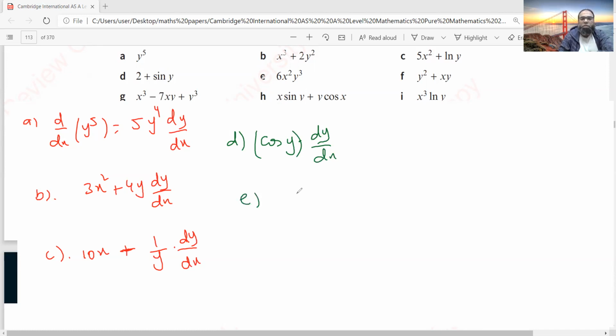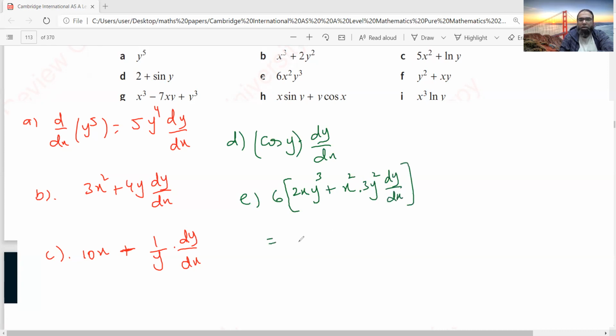Look at this e part. You have 6x squared y cube. So this is a product here. It will be 6 into the derivative of x squared, which is 2x, and you have y cube as it is, plus x squared, and then the derivative of y cube is 3y squared dy by dx.